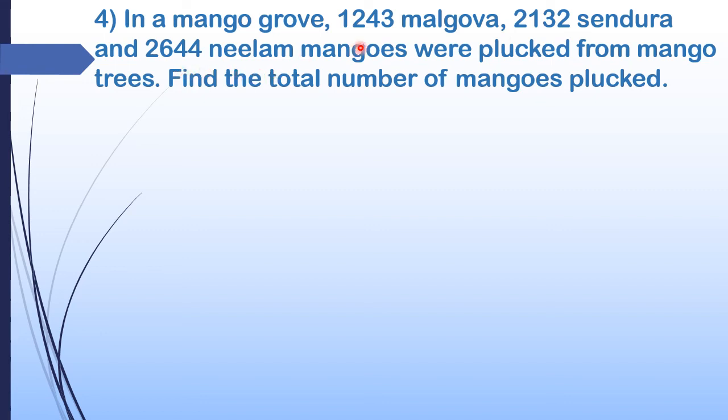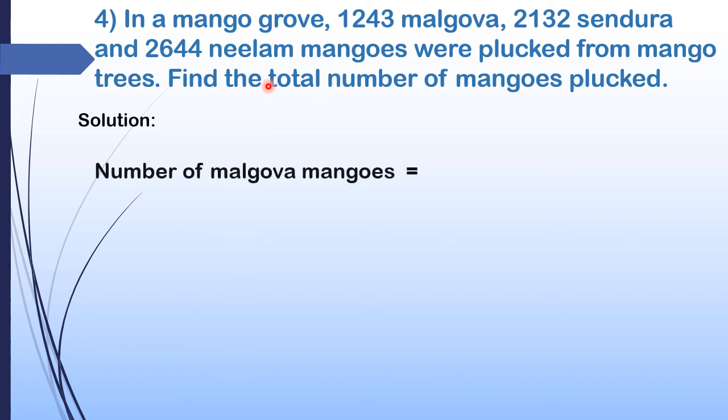So here three varieties were plucked from mango trees. So they plucked these amounts of mangoes from mango trees. They asked us to find out the total number of mangoes plucked. Already I told you, total is a keyword here. So now we have to add these three given numbers.